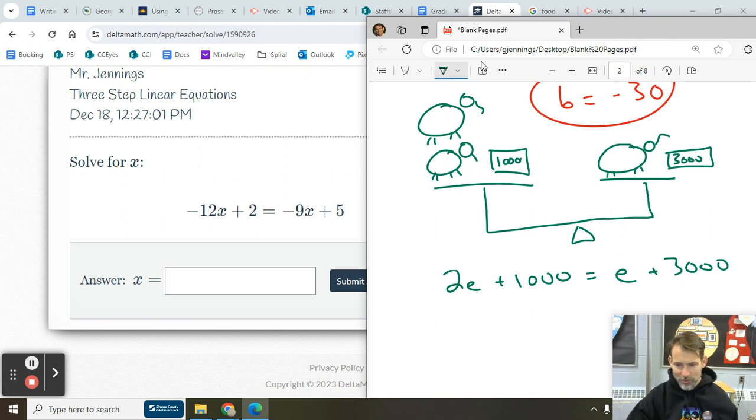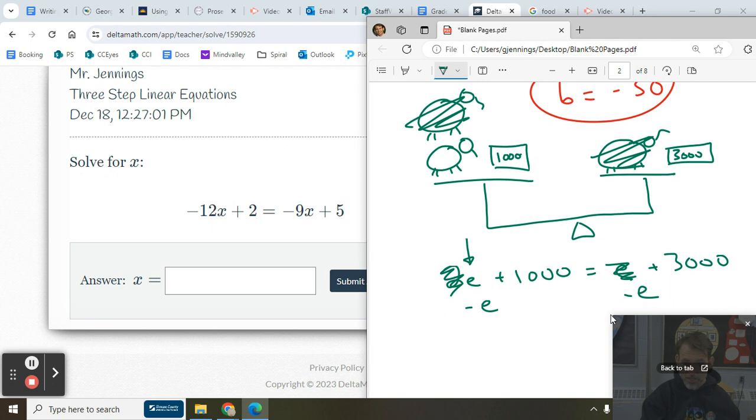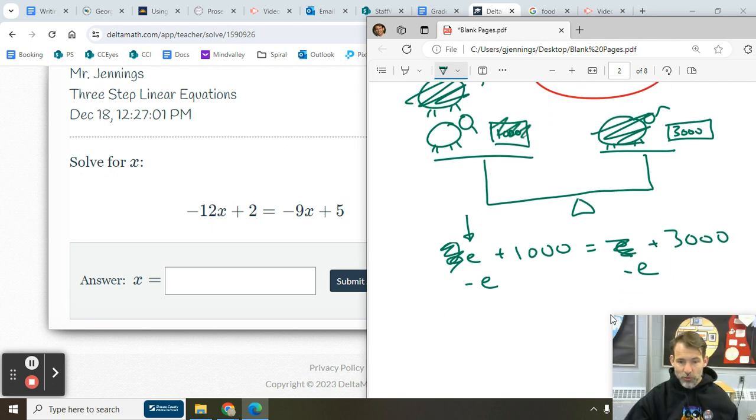Why'd you put elephants on both sides? First, take 1 elephant off of each side. Get all your elephants to one side. So now I only have 1 elephant. That was the equivalent of subtract e from both sides. Subtract 1 elephant. Okay? And then, how about we get rid of this weight and that weight? So we're going to subtract 1,000 from both sides. And that gives us a single e left over. E equals 2,000 pounds.